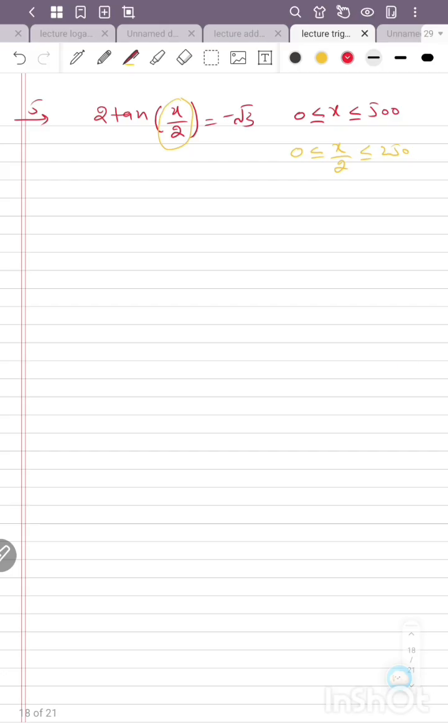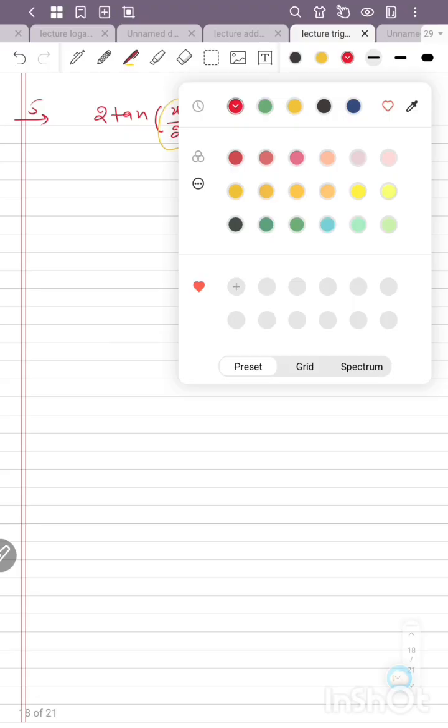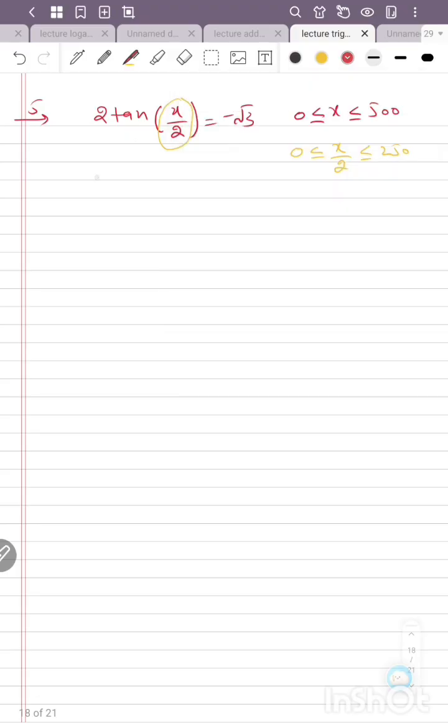Now we have to solve our question. Here is tan(x by 2) equal to minus square root 3 by 2. Just change the color.